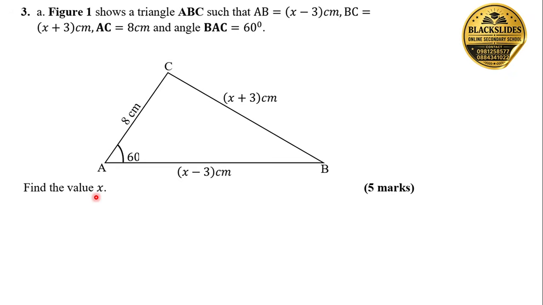For us to be able to find the value of x, we shall need to use a rule which is called the cosine rule. If we call this side A, this side B, and this side C, we can write an expression relating A, B, and C. Such an expression is called the cosine rule.